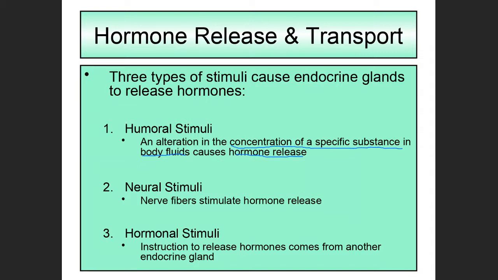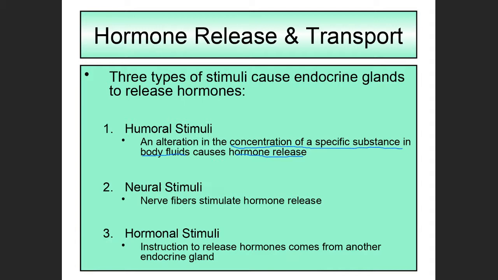Another type of stimuli that we'll see that some endocrine organs respond to is what's known as neural stimuli. And in this case, it's actually nerve fibers that are stimulating the organ and causing it to release its hormone. So the adrenal glands are a good example of this. You've all probably been in a situation that scared you. Maybe you almost got in a car wreck or something else happened, and you know how you get that pounding in your heart because you've got an adrenaline release, right?